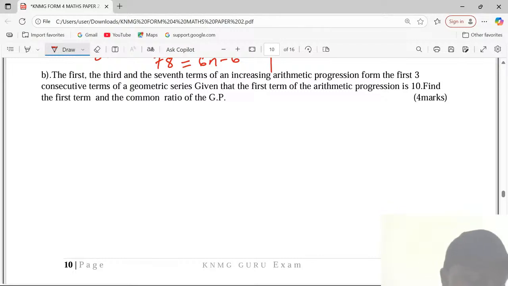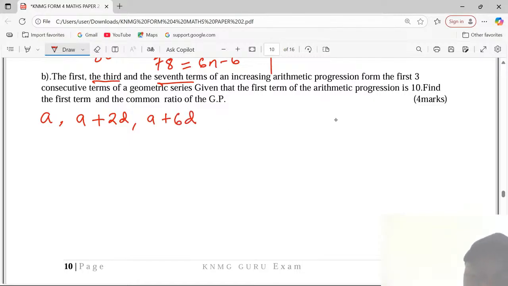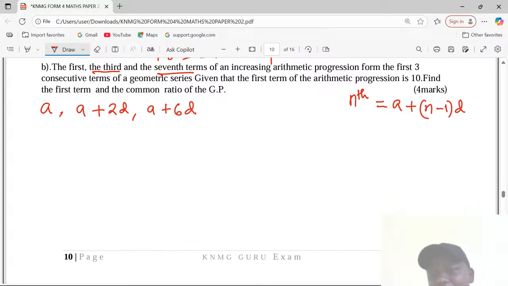Very quickly, this is what we shall do. The first term, the third, so the third is A plus 2D, and the seventh, which is A plus 6D. I'm getting this because any other term in an AP, arithmetic progression, is given by A plus n minus 1 multiplied by D, where n is the position of the particular number.